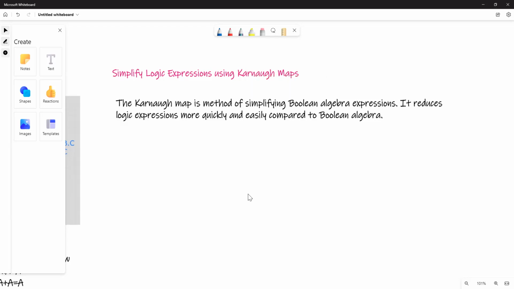So we can see this later on, but for the time being, let's write down why we need Karnaugh map.